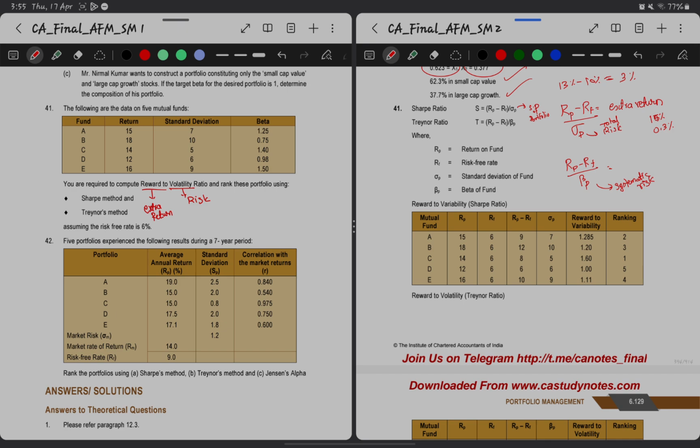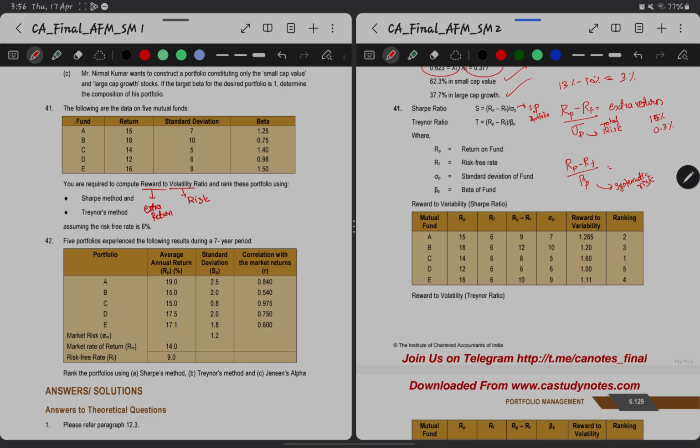In that case, the unsystematic risk of a portfolio will get reduced, and then only the systematic portion prevails. Systematic portion is nothing but, as we have told, the sensitivity towards the market returns, which we cannot eliminate. Thus in case of Treynor, we are considering only systematic risk.